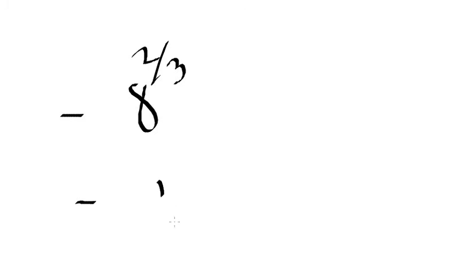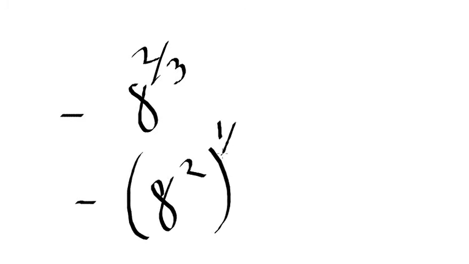Now there's another way of looking at this. I'm going to rewrite this problem. You can also write it like this: 8 squared, and the whole thing is raised to the 1/3 power. This is going to be a little bit more difficult to work with, because 8 squared is 64.